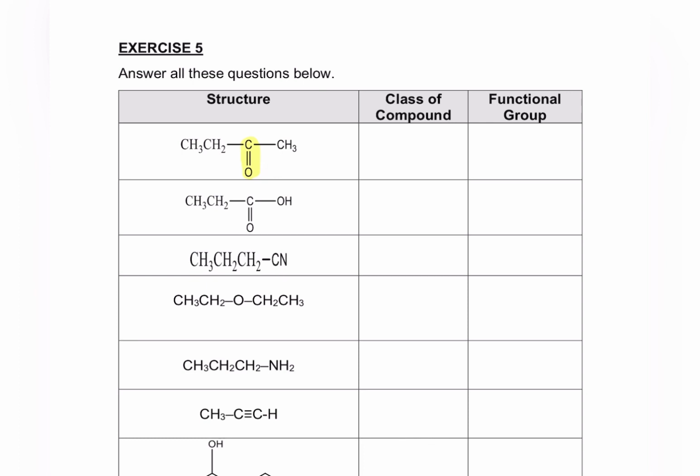So if you see here, CH3 is an example of an alkyl group. So it means that this is an alkyl group. The symbol for alkyl group is R. So what you can write as your class of compound is going to be ketone. And then the functional group is going to be carbonyl.